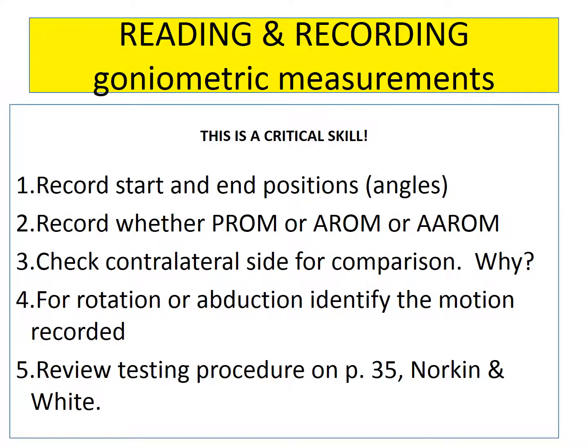You may also have to identify whether it's a rotation or abduction that you're measuring. There's a typical format used for flexion and extension, and we'll talk about these in lab, but you want to definitely identify the motion. And you can review in your textbook on page 35.